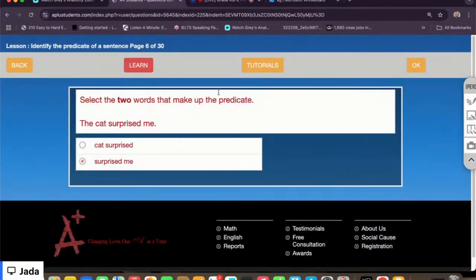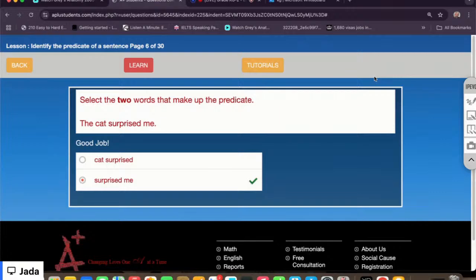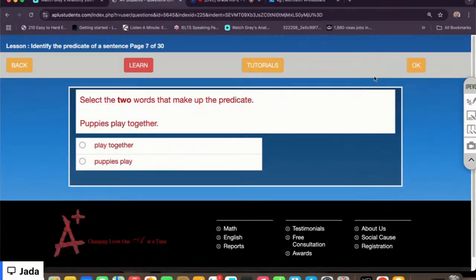So surprised me is the predicate. Okay. So we have, puppies play together. Puppies play together. What is the right predicate here? Is it puppies or play together?